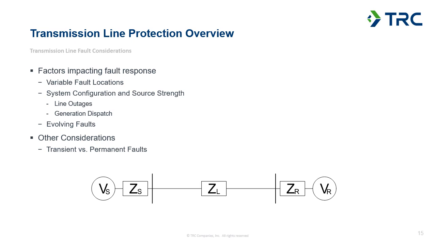So we've got some different ways we can handle that more operationally than by how we're actually capturing the presence of a fault through the measurement of voltages and currents at the station.